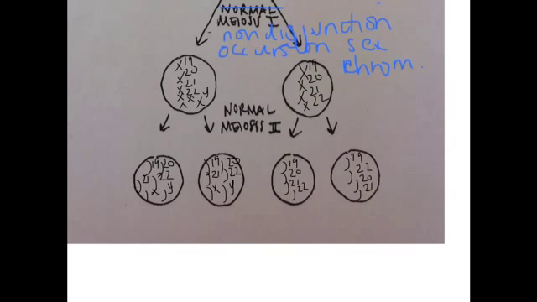Now if we zoom back out, let's again look at what would happen if we have this egg pair with one of these sperm cells. These are different syndromes.